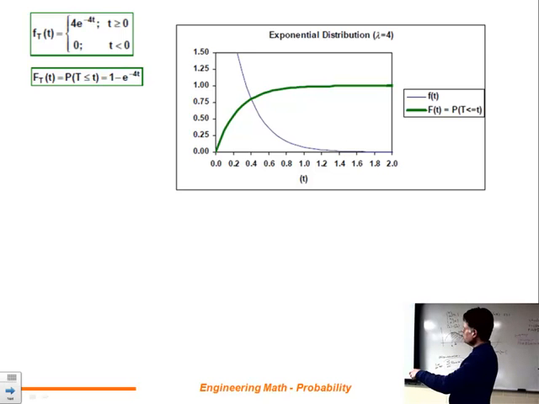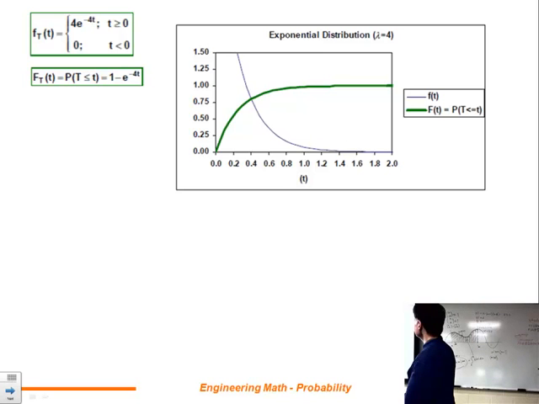And the slope of this line is, what is the slope of that line? It's lambda. So the quicker the rate, the more that probability is going to go up. So the slope of the line right at 0 there is lambda. All right.